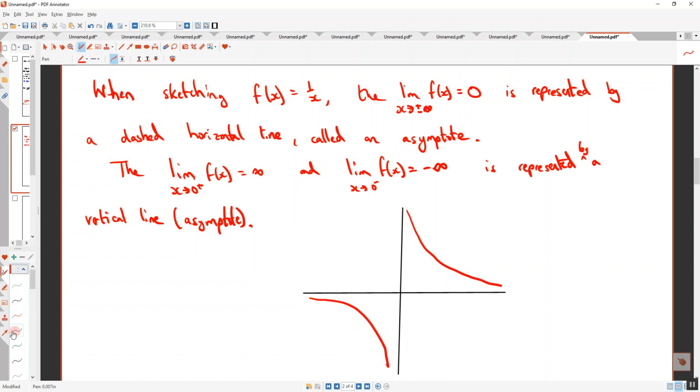And then I would put in a couple of sketched dotted lines.